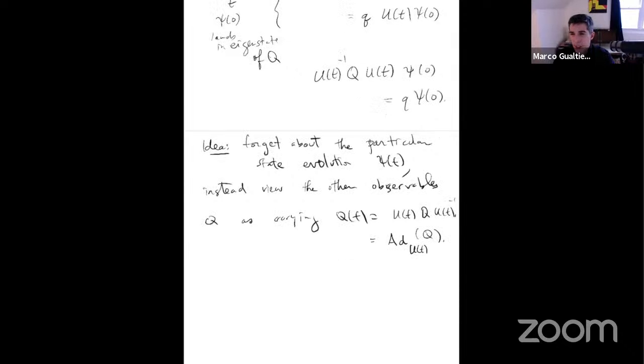Okay, so this is what's called the Heisenberg picture, as opposed to the Schrodinger picture, which is the standard picture. What is a picture? It's just the idea of how you implement time evolution.